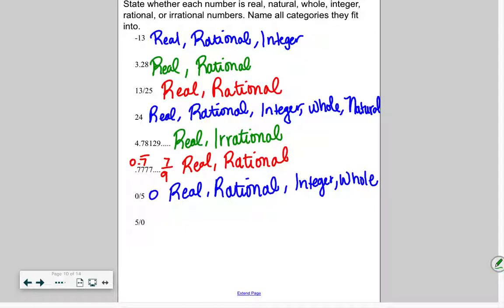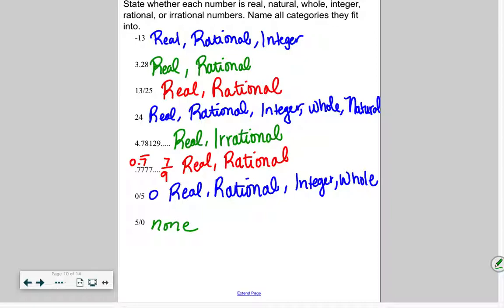5 divided by 0. Can I have 5 pieces of candy divided by 0 people? No. This is a divide by 0 error. If you have your calculator right now, take 5 divided by 0. It doesn't work on your calculator, does it?